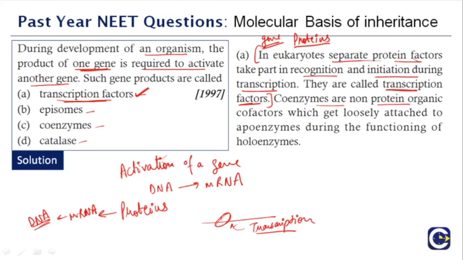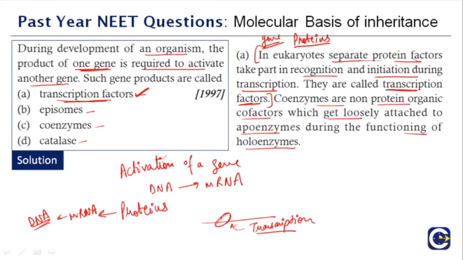Coenzymes are non-protein organic cofactors which get loosely attached to the apoenzyme during the functioning of the holoenzyme. These cofactors attach to the apoenzyme and make it a complete enzyme.